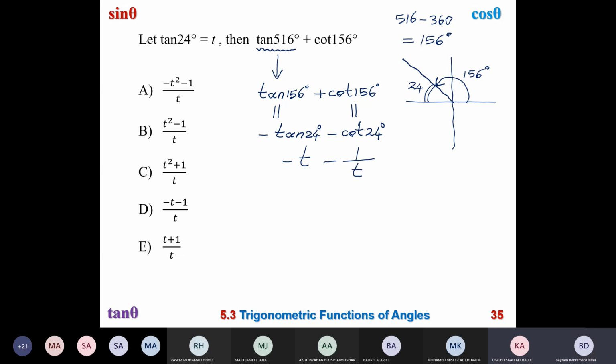So negative t minus 1 over t. The result is negative t squared minus 1, over t. Perfect. So it's answer A.